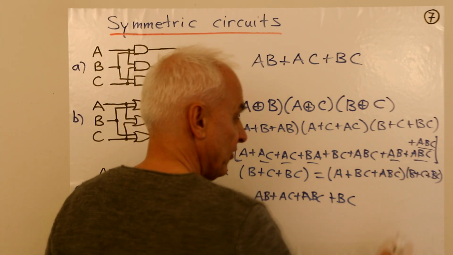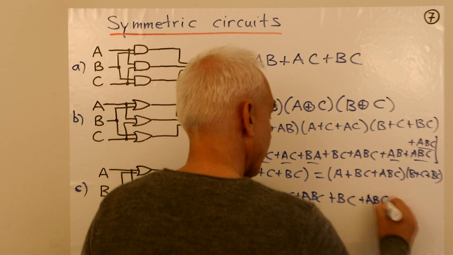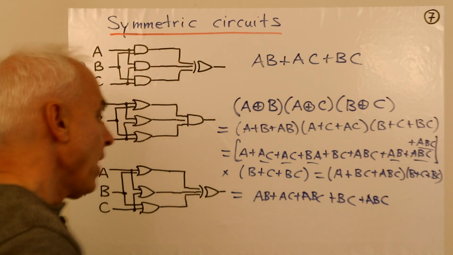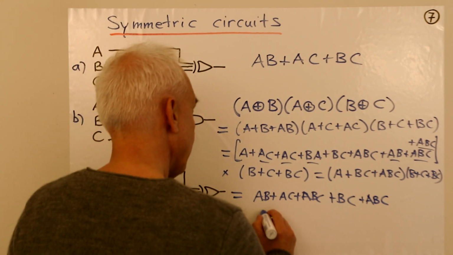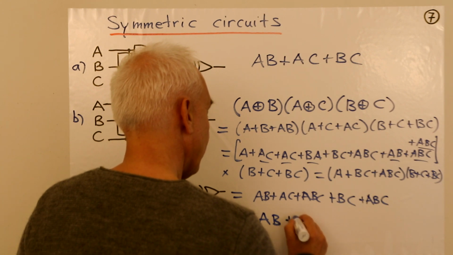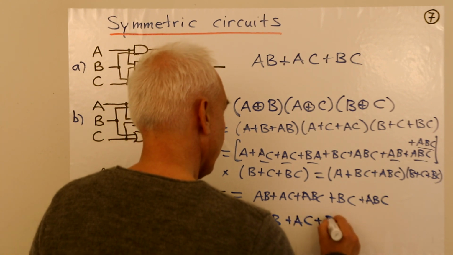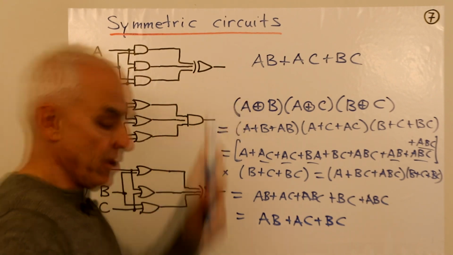ABC, ABC, ABC, so there's three of them. After cancellation, we just get ABC. And after the smoke clears, what do we get? We get AB plus AC plus BC, which is the same thing that we got up here.